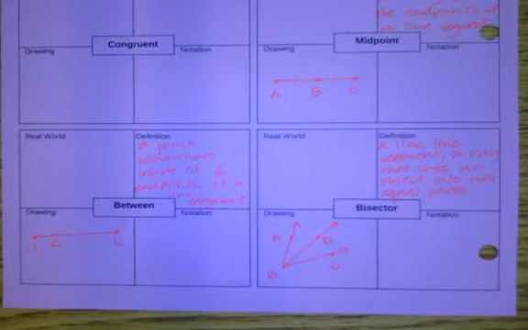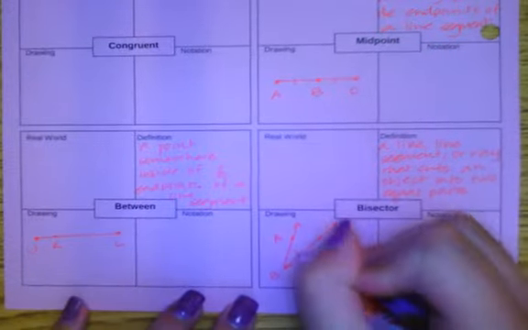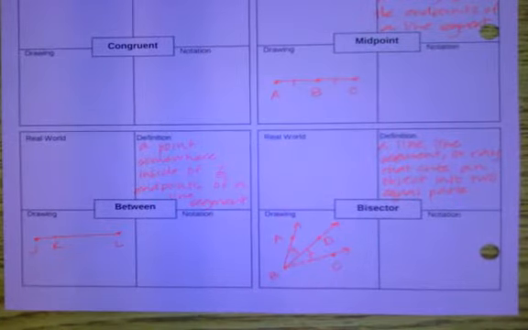Okay, it's symmetrical. In other words, both angles are congruent, correct? So in order for you to know that this is for sure an angle bisector, you have got to make sure your angles are marked congruent. If it's just in the middle or it appears to be in the middle, you cannot assume that it's being bisected. It has got to have markings. So get into the habit of everything has to have markings.